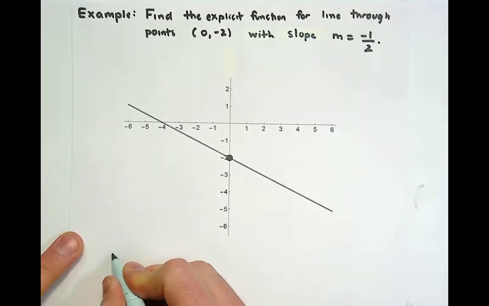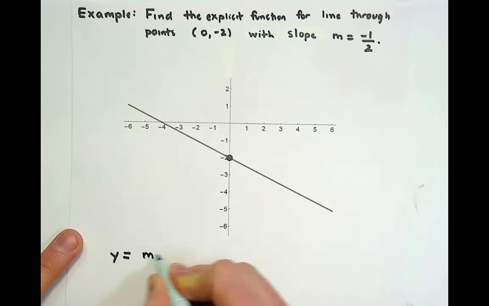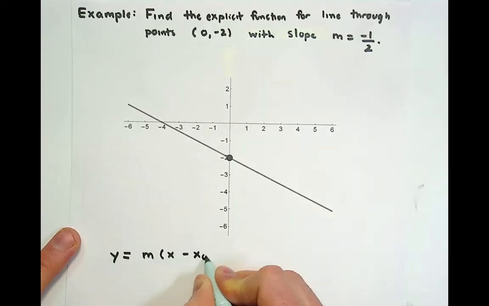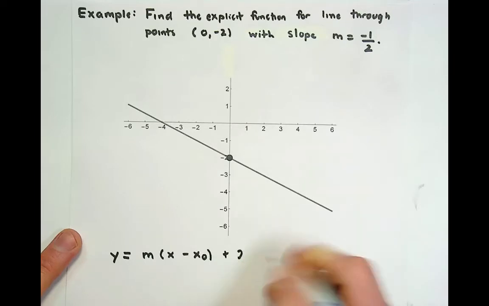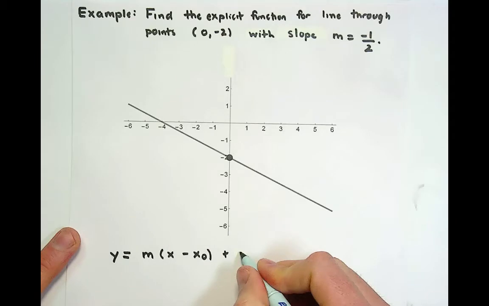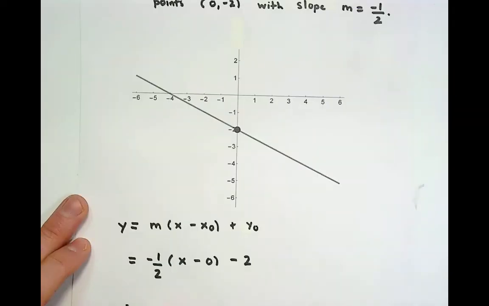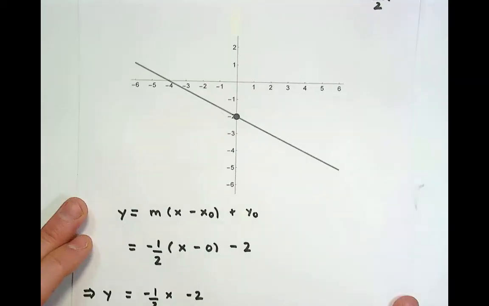We see that our output variable y would be given by m outside of x minus x0 plus y naught. This would be y equals negative 1/2 times x minus 0, minus 2, since y naught would be minus 2. And of course this is -1/2 x minus 2. This is my explicit function representation of that line.